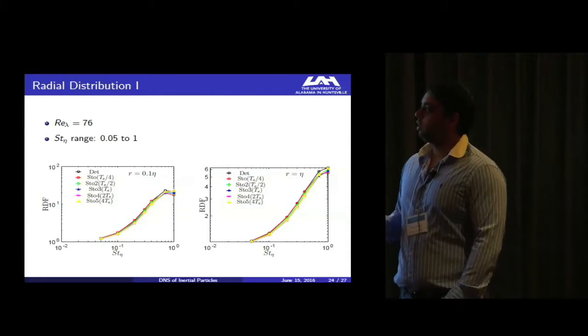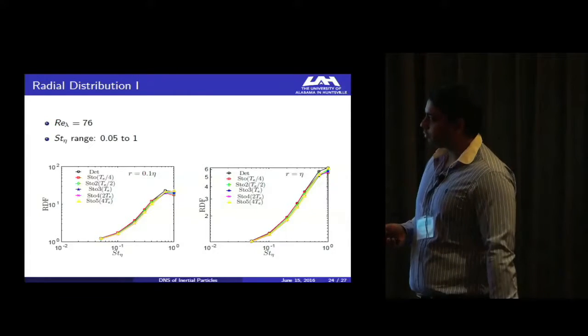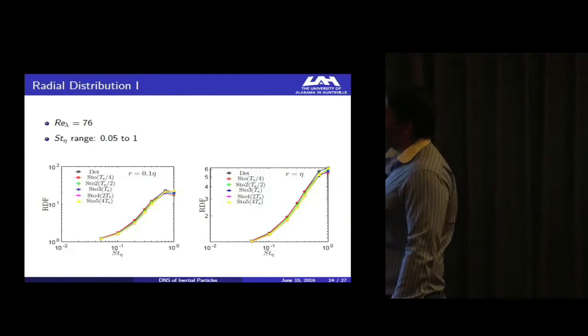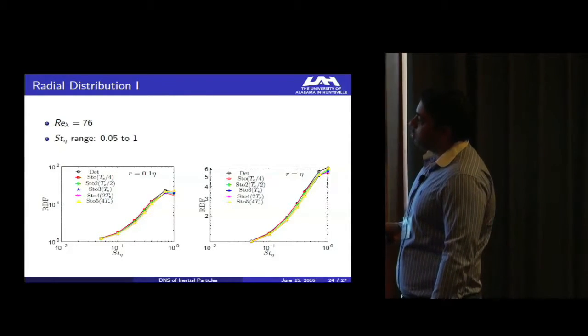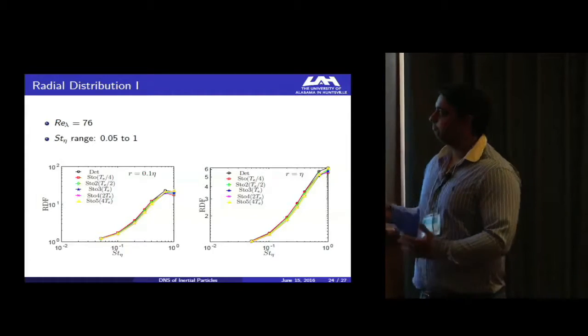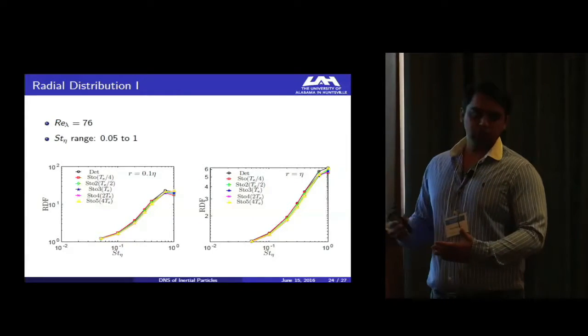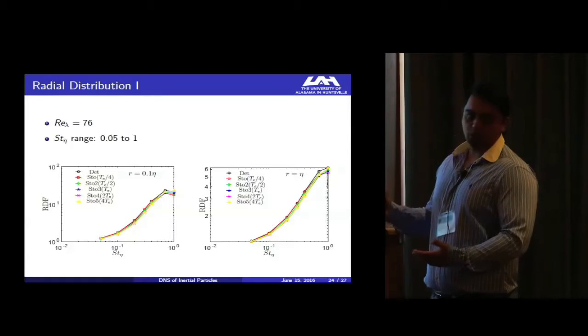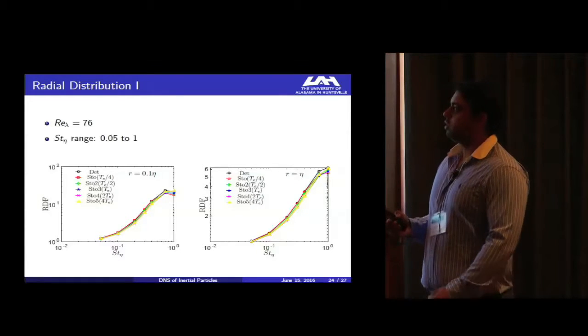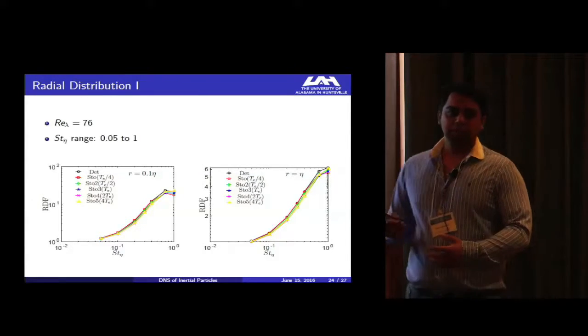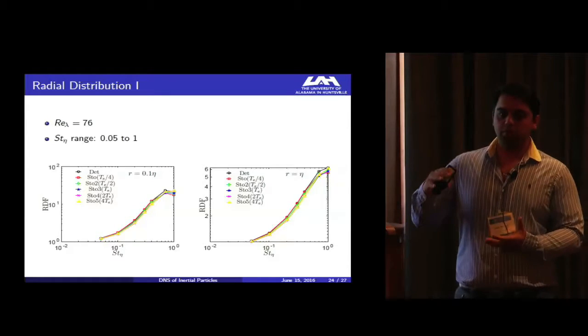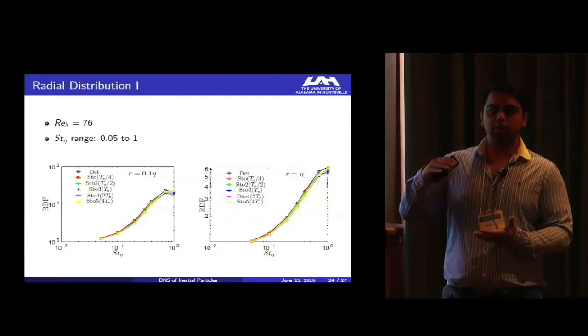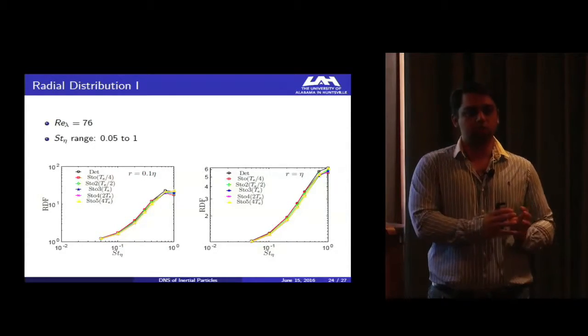Here we are showing the RDF as a function of Stokes number for a Reynolds number of 76, and the Stokes number range shown here is 0.05 to 1. We can see that at a really small Stokes number of 0.05, the RDFs obtained from all the different forcing schemes and deterministic forcing are almost on top of each other, which is expected because we are imposing large-scale forcing, and we expect it won't affect the small scales.